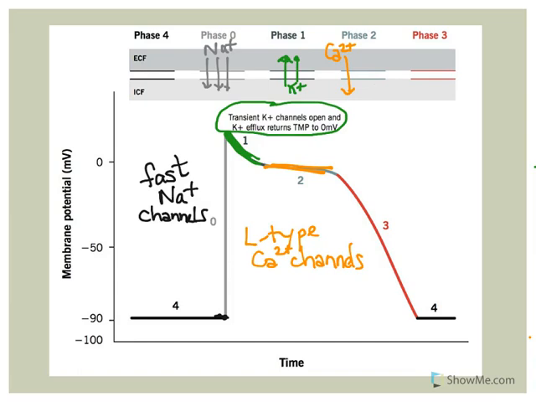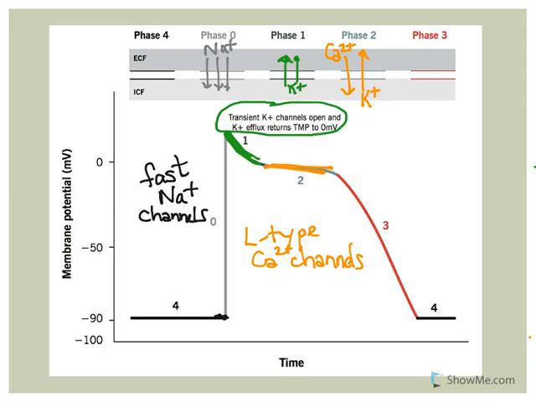So you have these positive charges coming in, but at the same time we've got some potassium leaving. So you have potassium efflux. And they're actually through these channels. You don't have to write this necessarily down, but they're called delayed potassium rectifier channels.